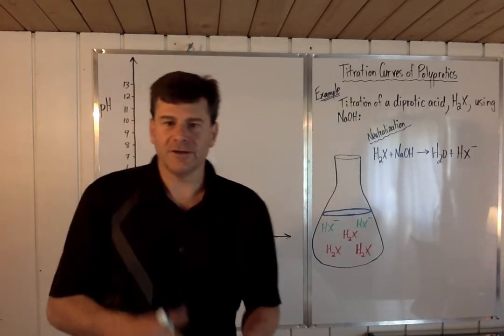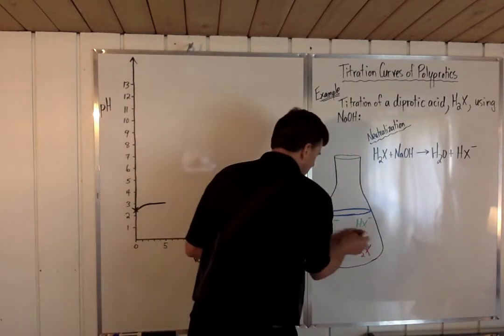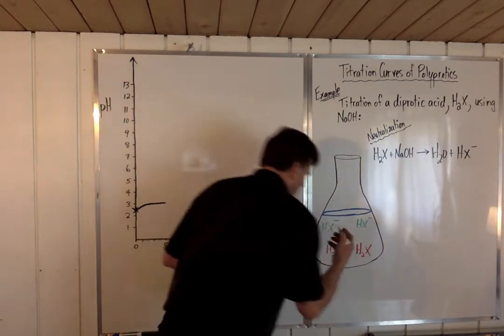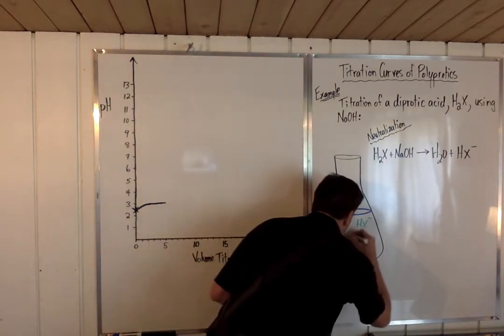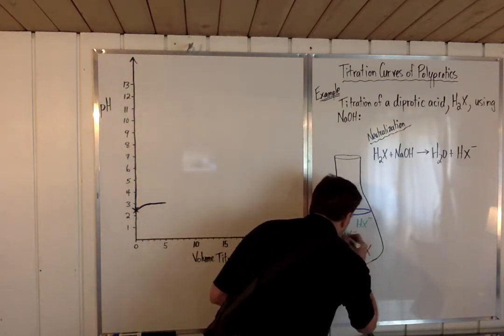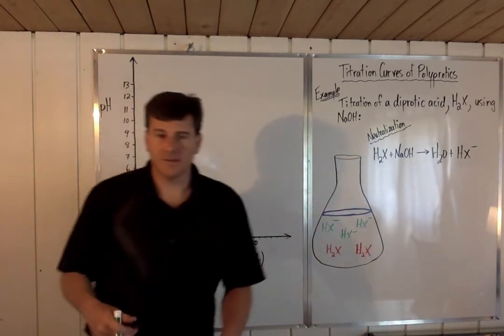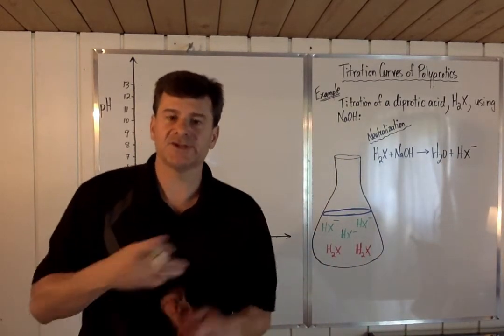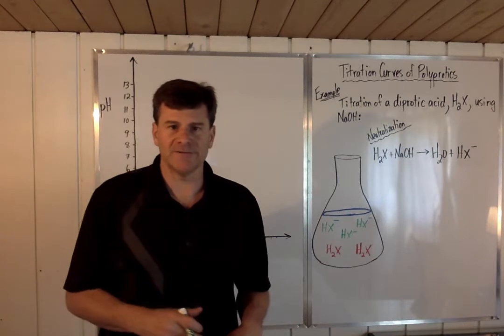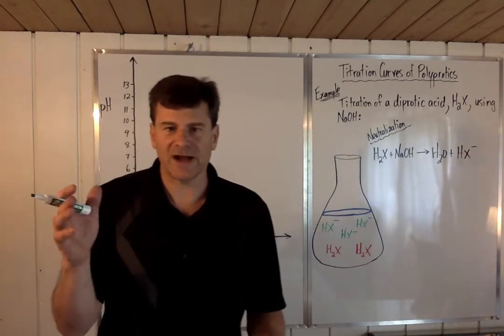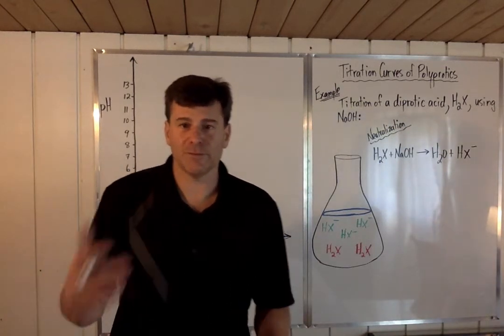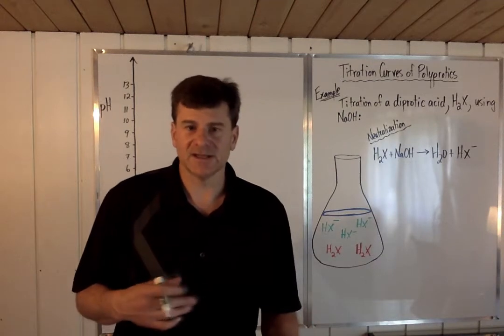We add a third NaOH and a third H2X reacts, because again, H2X is still the strongest acid that's floating around in the Erlenmeyer flask. So far we've added 3 NaOHs, we've removed 3 H2X's.